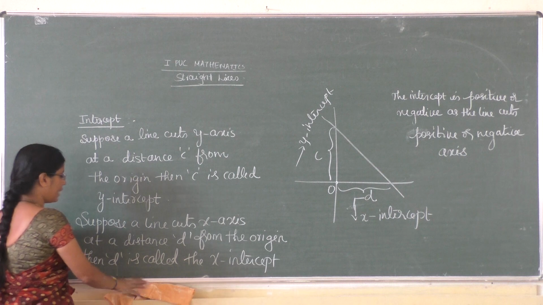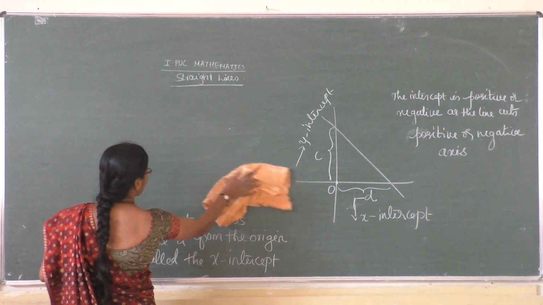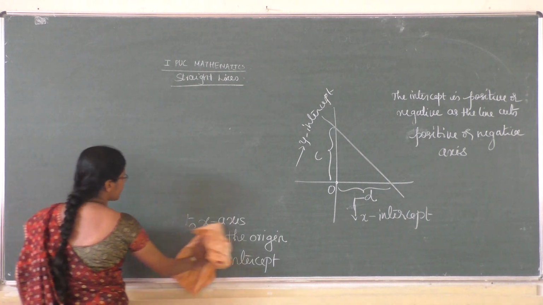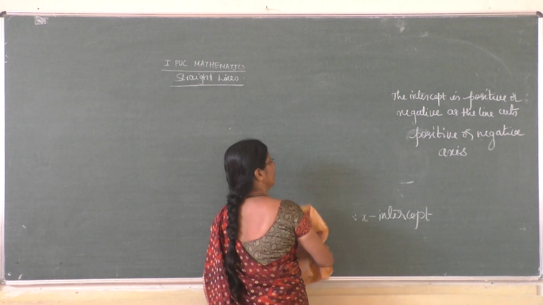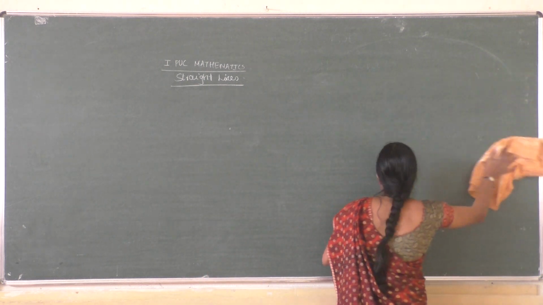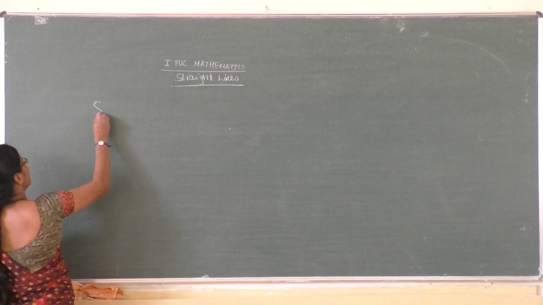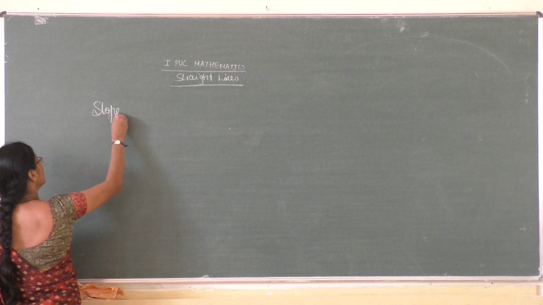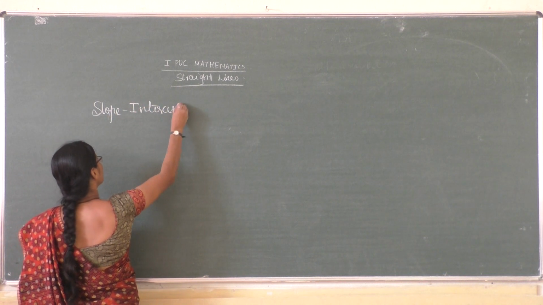Now you have to take slope intercept form. Okay, so equation of a line in the slope intercept form.